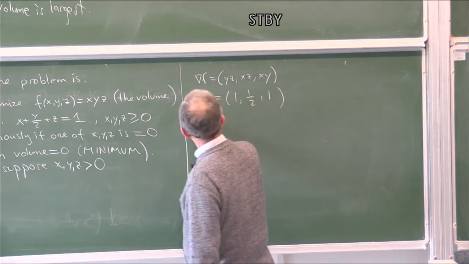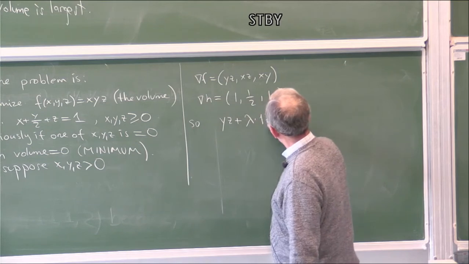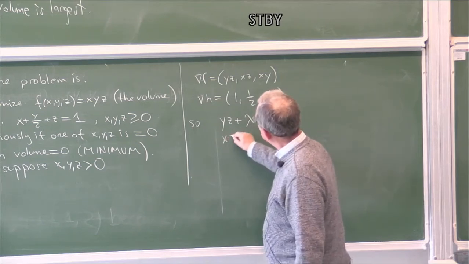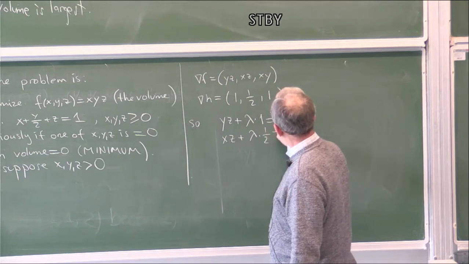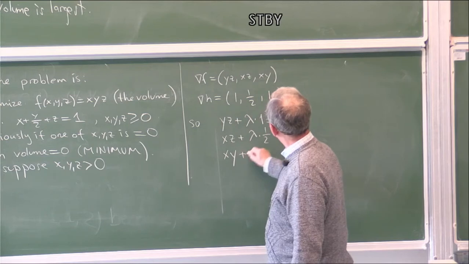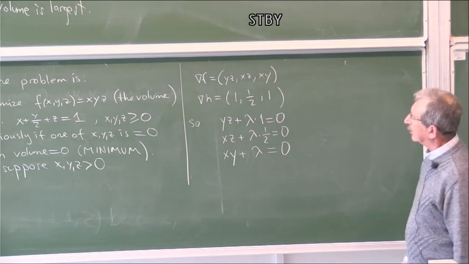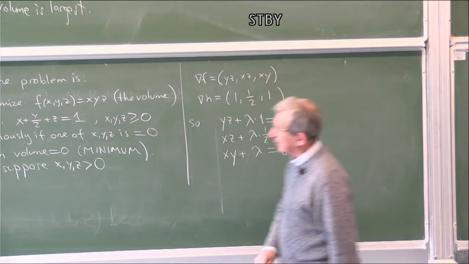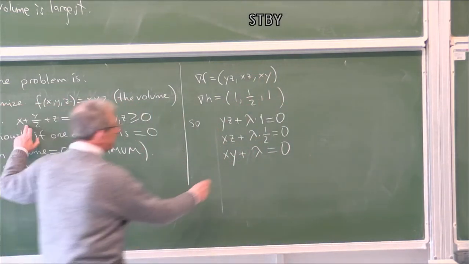So yz plus lambda 1 will be 0. Xz plus lambda 1/2 will be 0. And xy plus lambda will be 0. So these are coming from the parallelity of the gradient vectors. And of course, we have this to satisfy.